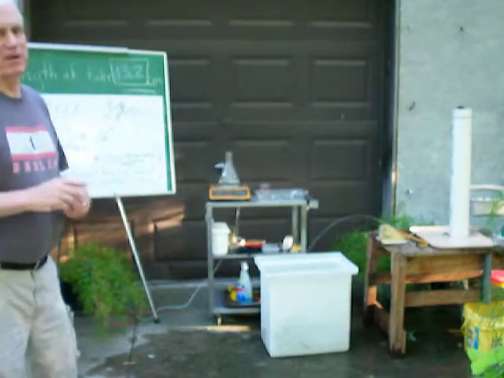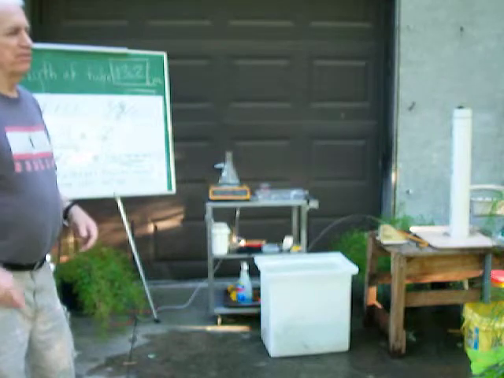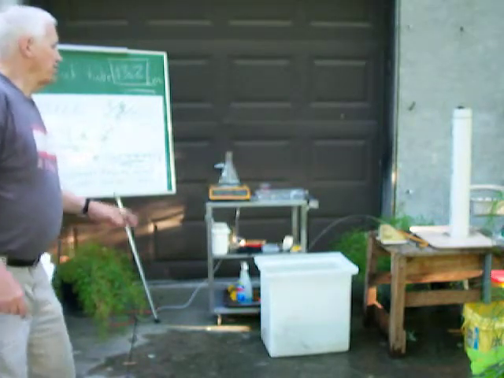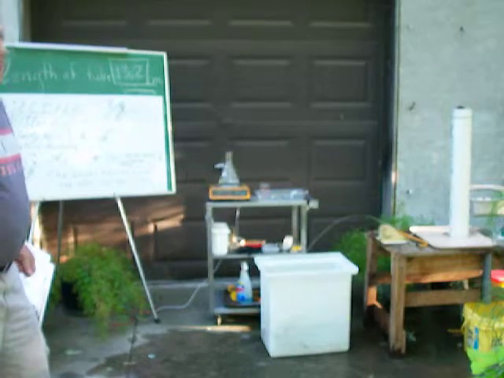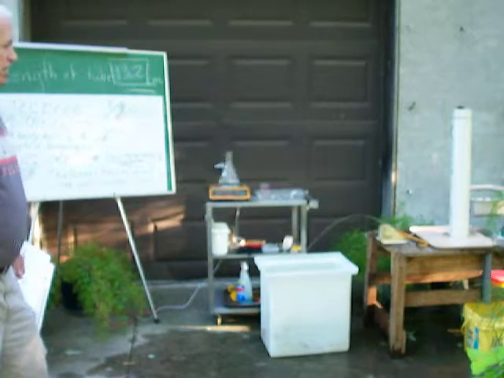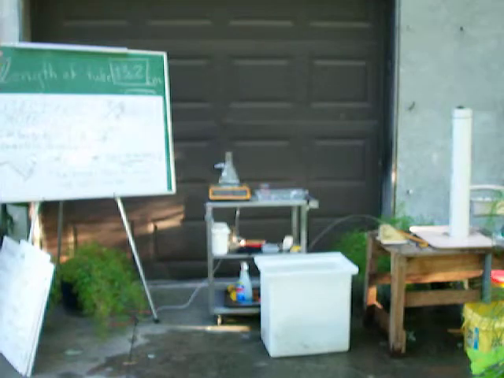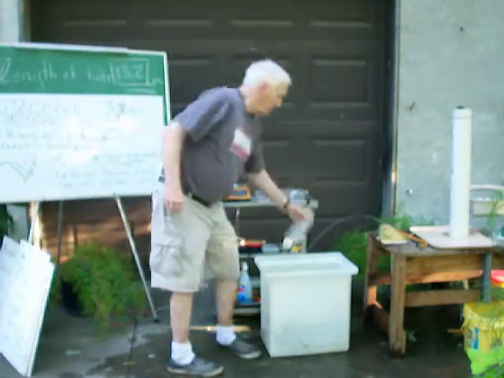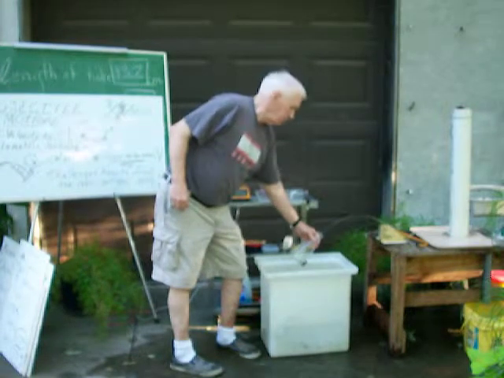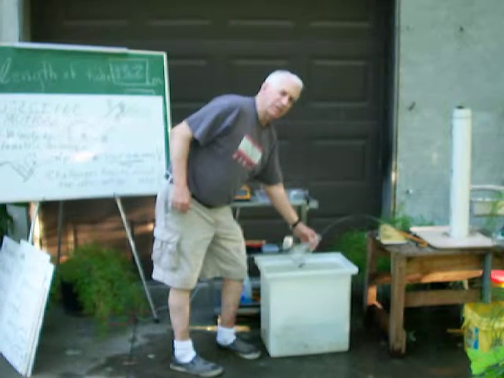I'm going to use two methods, and both of them are based on this water. First method is a volumetric technique, and I'm going to capture the water at a measured rate, so many cubic centimeters per second.